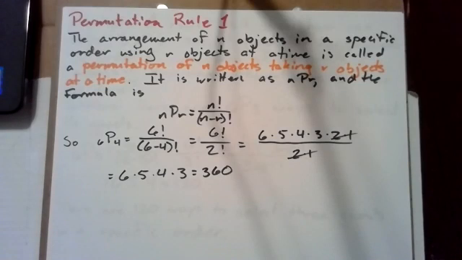So 6 pick 4 is equal to 6 factorial divided by 6 minus 4 factorial, which is 6 factorial divided by 2 factorial. When we write that out, we get 6 times 5 times 4 times 3 times 2 times 1 divided by 2 times 1. So we can cancel the 2 times 1 in both the numerator and denominator, and we're left with 6 times 5 times 4 times 3, which is 360.